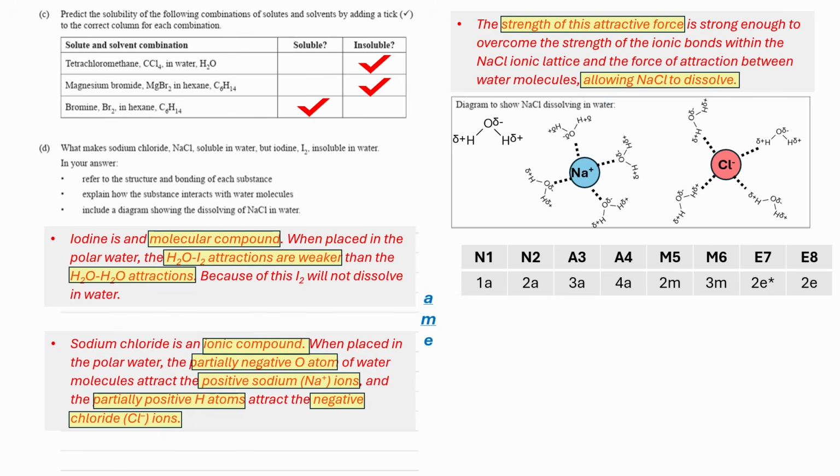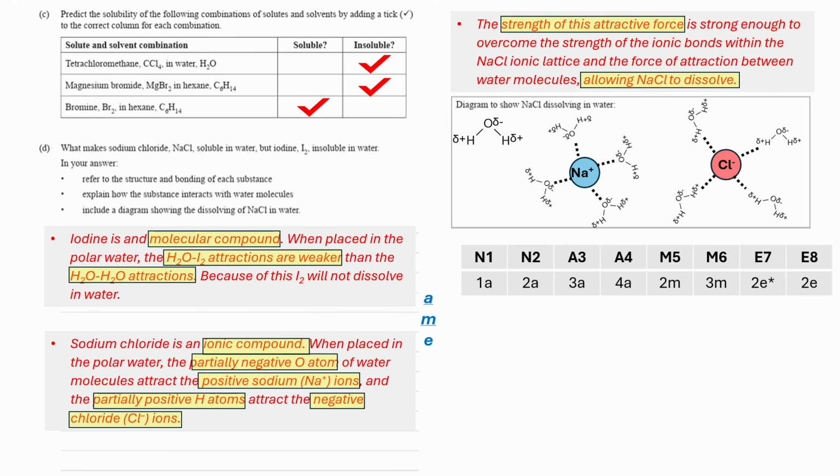And we have the same thing for the chloride ion, apart from it is attracted to the slightly positive hydrogen. Make sure you don't just put a hydrogen with a plus. It isn't a full positive charge. It's a slight positive charge, and we use this delta positive to show that.